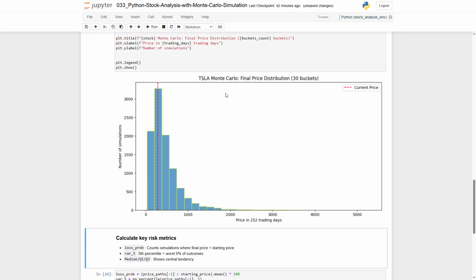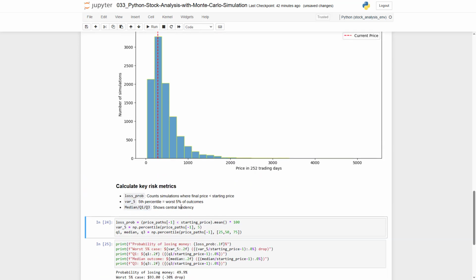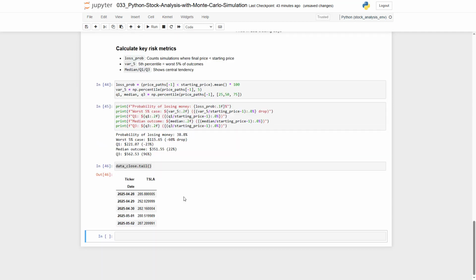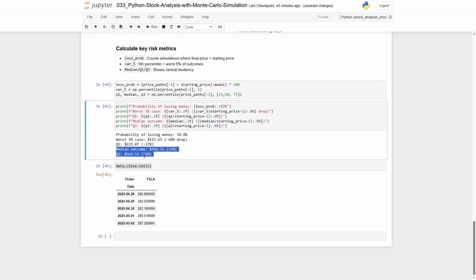Then the buckets, well, the buckets are almost all positive, and the risk metrics pretty much after 252 days, and our simulations, it shows that the top 25% of the simulations are over 562, which is 96% increase.